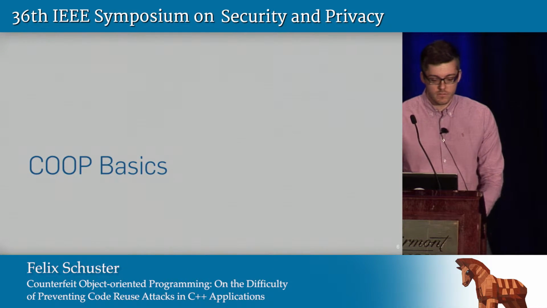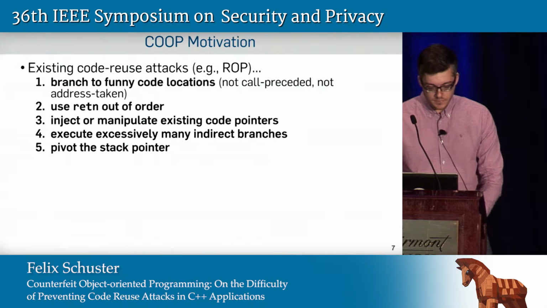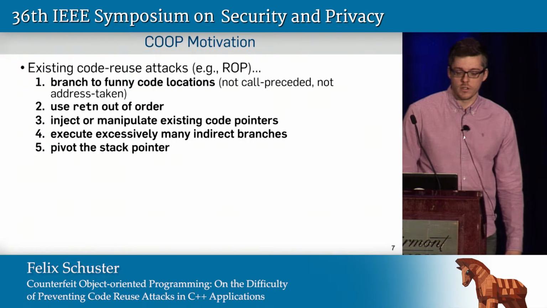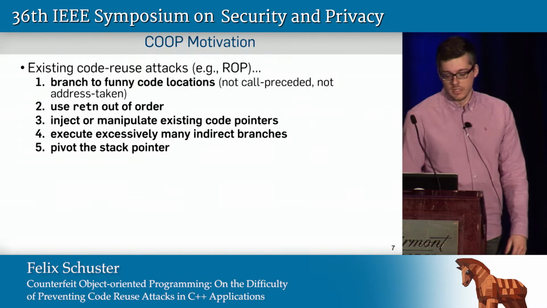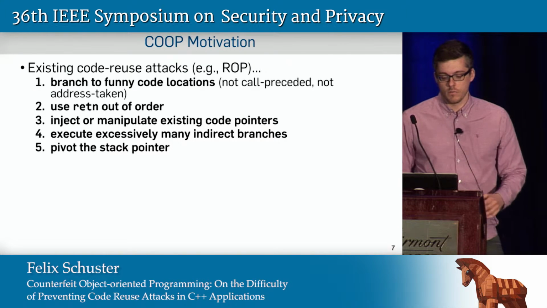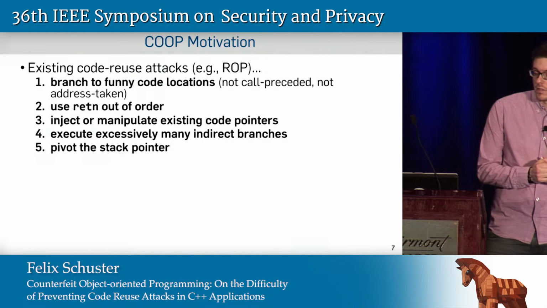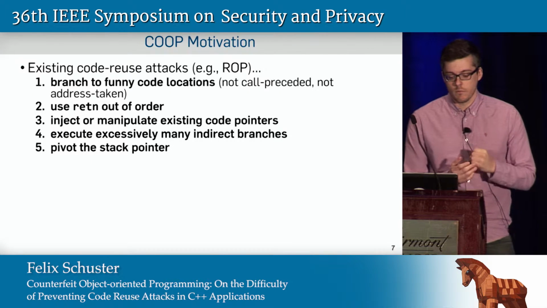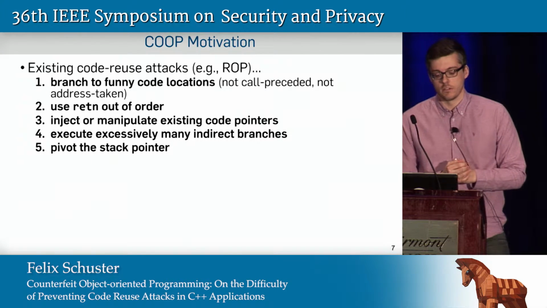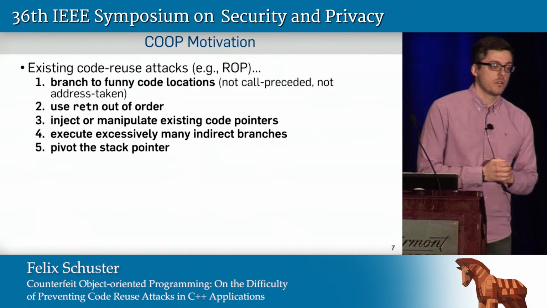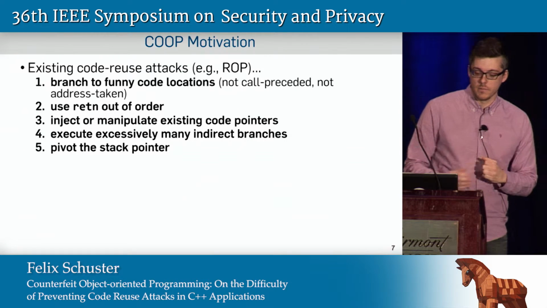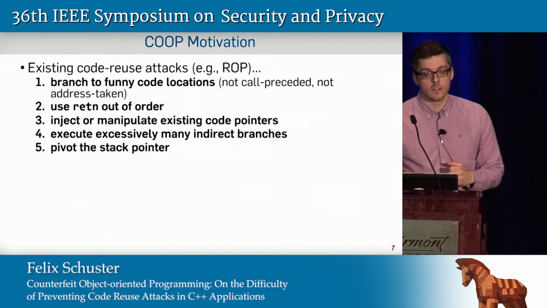Okay, now the basics of our attack. The motivation for our attack was the following observation. Existing code reuse attacks, such as ROP, all exhibit one of these five characteristics. First, they branch to funny code locations. Then they use return instructions out of order. They inject or manipulate existing code pointers.